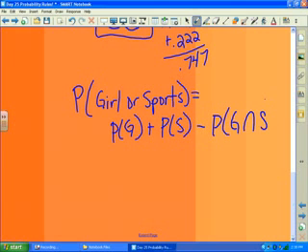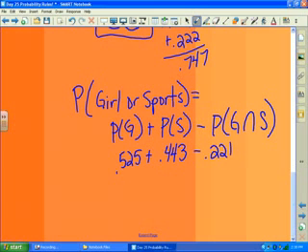Subtract the girls and sports because they got double counted. So you would say 0.525 plus 0.443 minus the double counted part, and guess what that equals? The same thing as up above. Okay, so there's different ways for you, the visual people or the formula people.